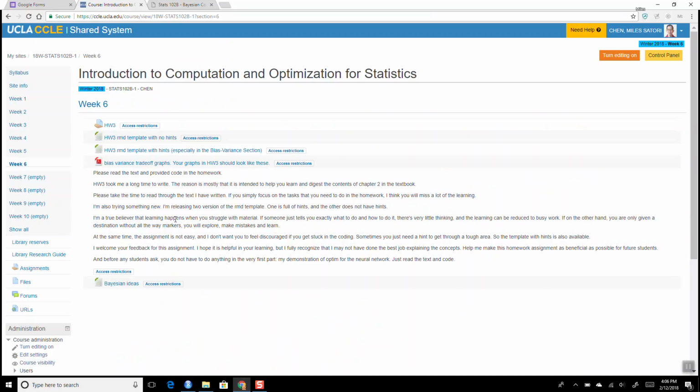I've also posted homework 3, and I'm trying this thing out with and without hints, and we'll see how that goes. I always view the homeworks as a little bit of a problem-solving puzzle type thing, and so if there's too many hints, it takes the fun out of the solving, right?